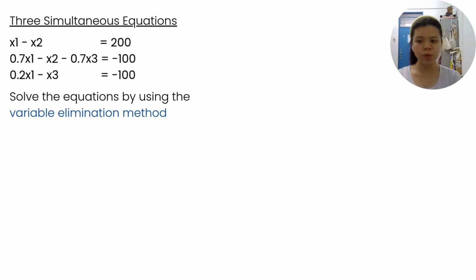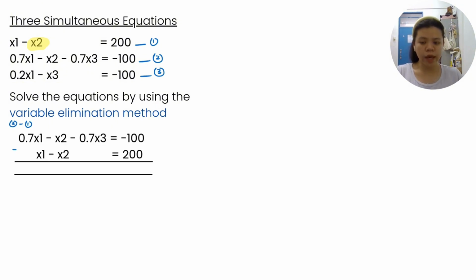Now I'm going to show how to solve three simultaneous equations by using the variable elimination method. Okay, so now let us number each equation first. After that, we're going to eliminate one of the variables first, and I'm going to choose to eliminate x2 because it looks easier to eliminate.